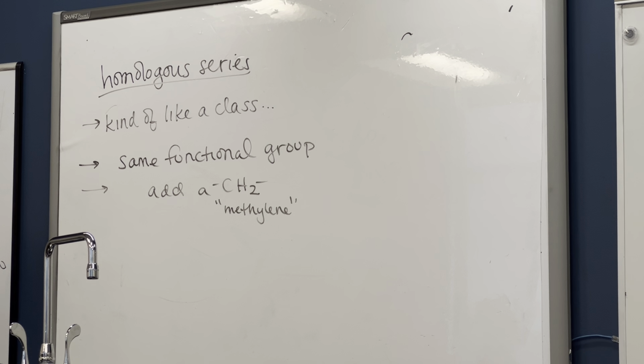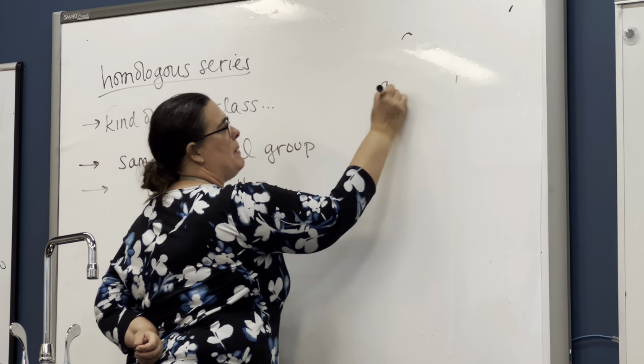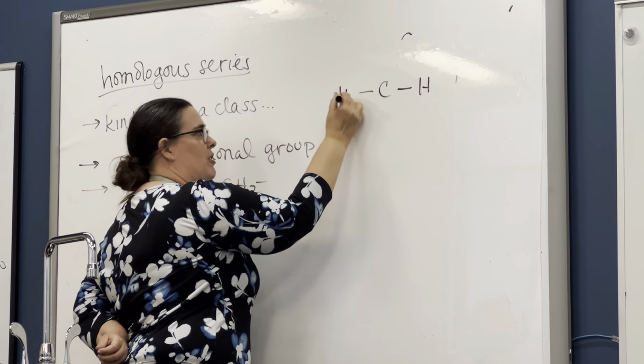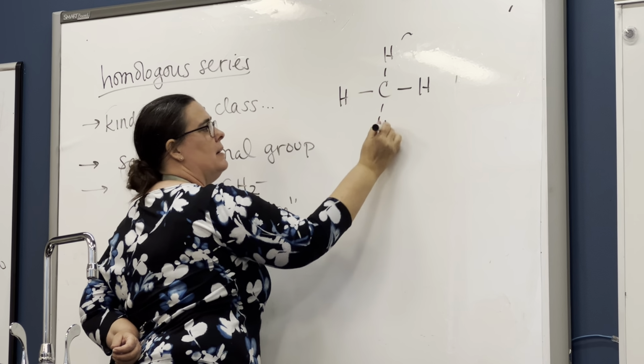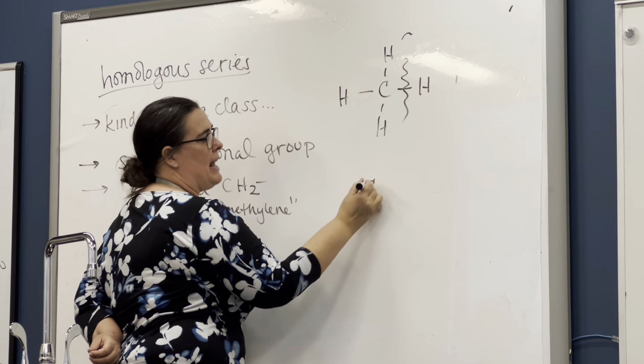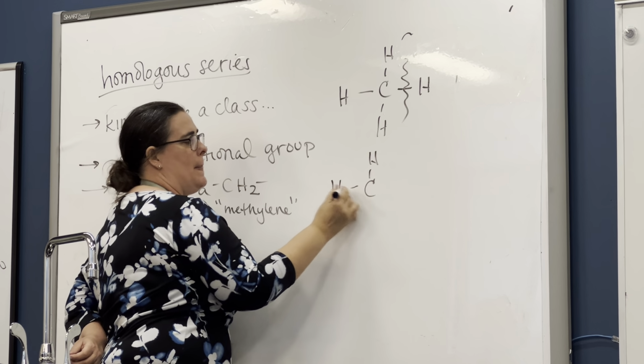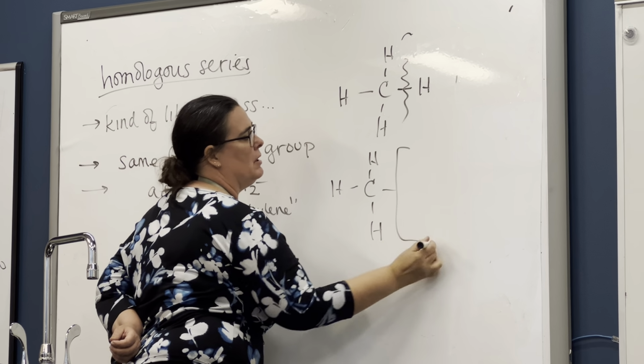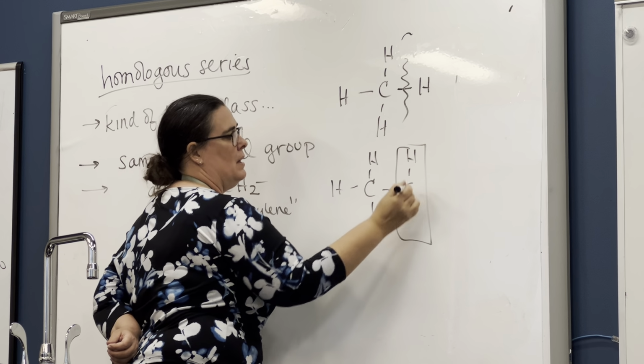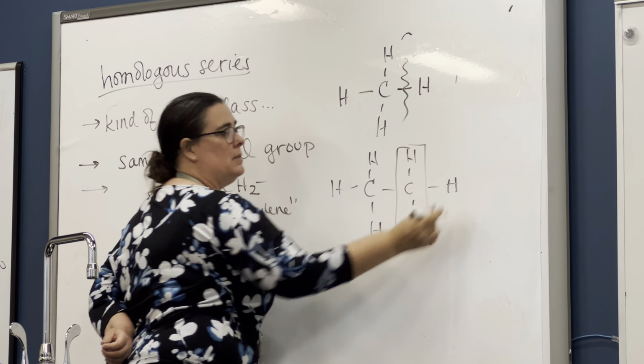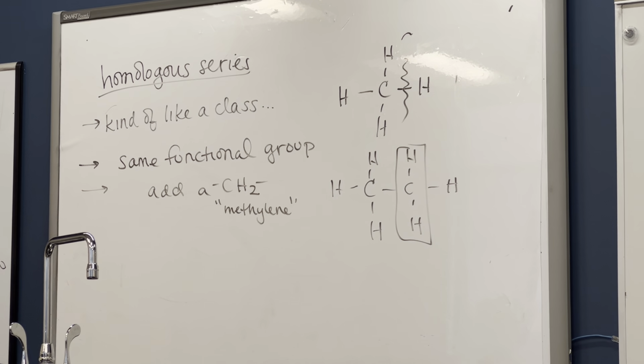All I wanted to do, because you told me I had about 2 minutes, was to say a homologous series is a series of molecules where I choose a functional group and then I just keep going along and adding CH2s. So an example of that would be if I start with methane, I'm going to go along and add a singular CH2 group to it.